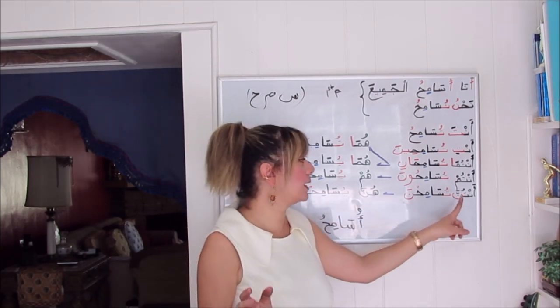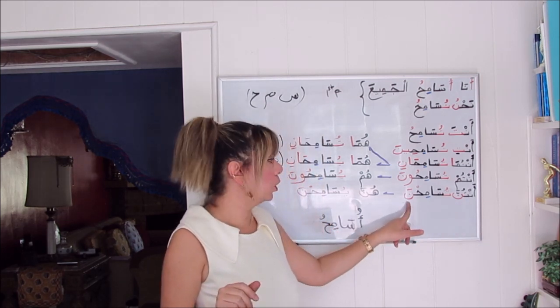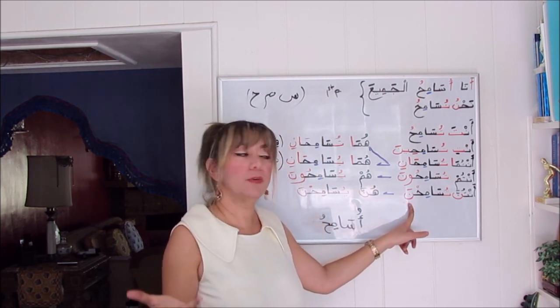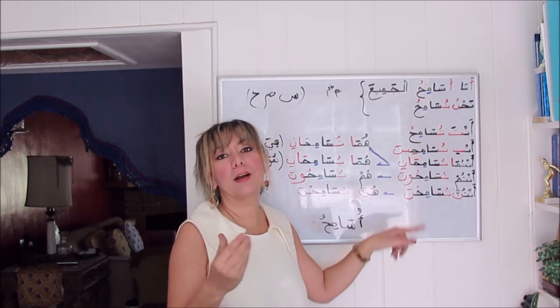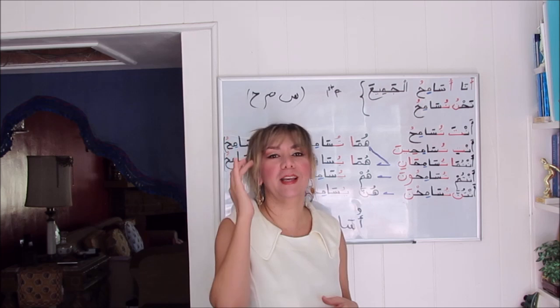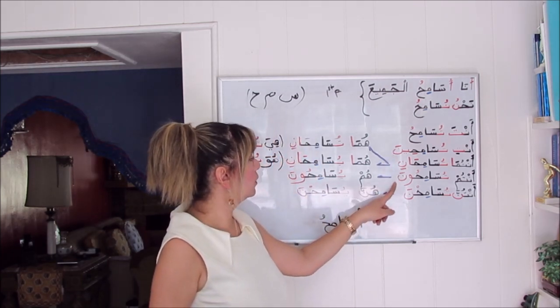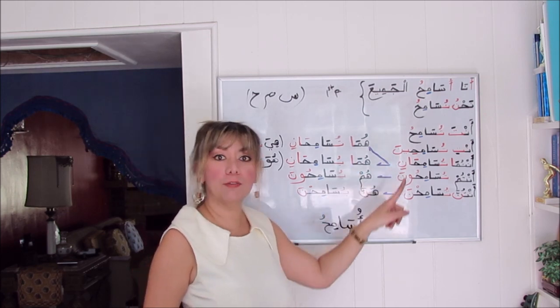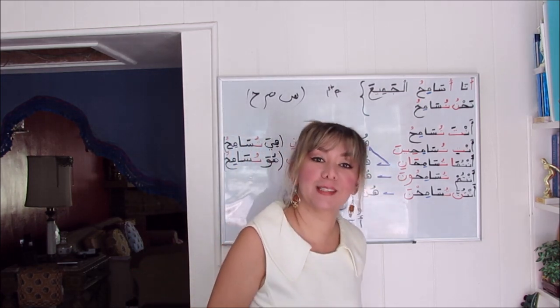This one represents the subject pronoun, the noon of plural feminine, but this noon is the marker of the nominative case. Don't forget the five verbs. I would suggest that you check the lesson.